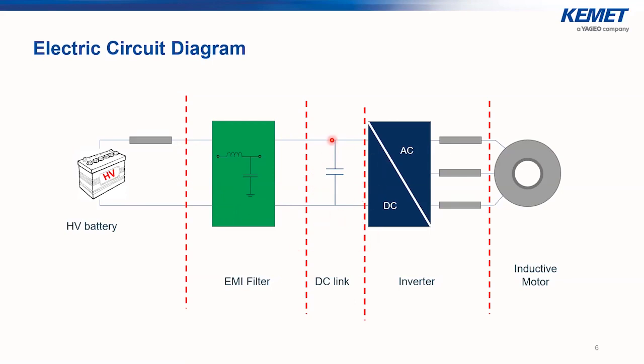We have the DC-Link stage, the inverter, and then the motor drive of the compressor itself. Generally, we have a PWM inverter that controls the three-phase motor, and generally the motor will be a BLDC motor.